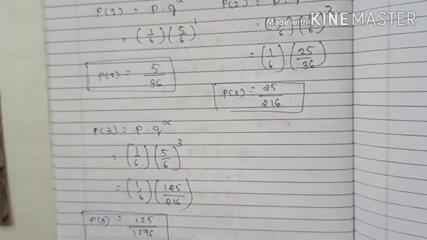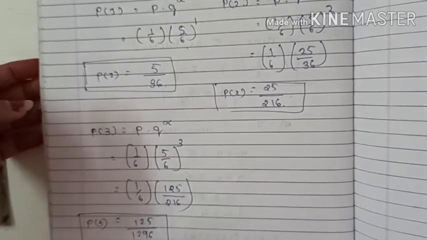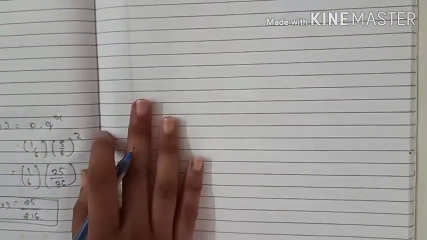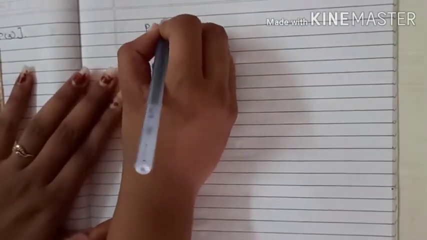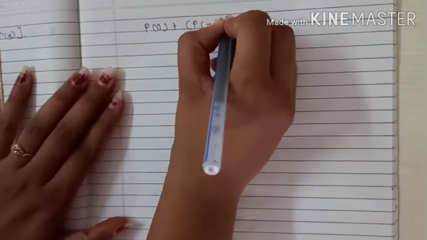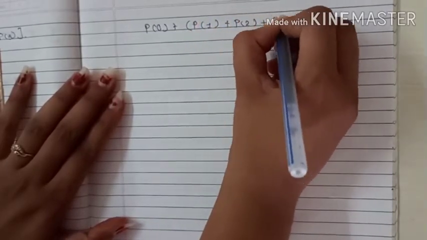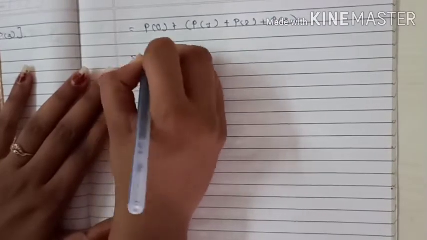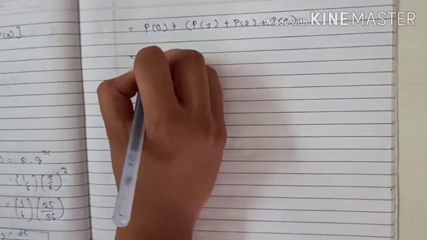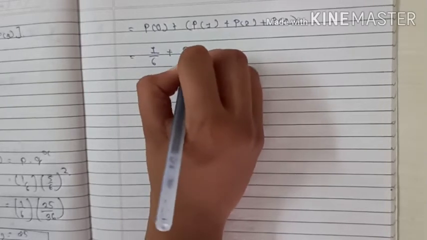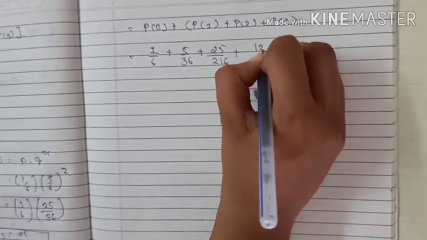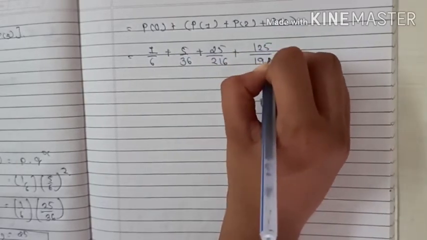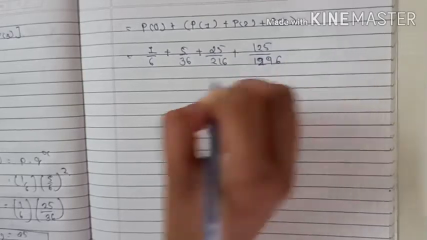So let's total P0, P1, P2 and P3 and deduct it from 1. So P0 plus P1 plus P2 plus P3 is 1 by 6 plus 5 by 36 plus 25 by 216 plus 125 by 1296.